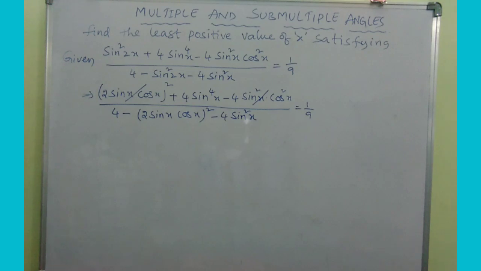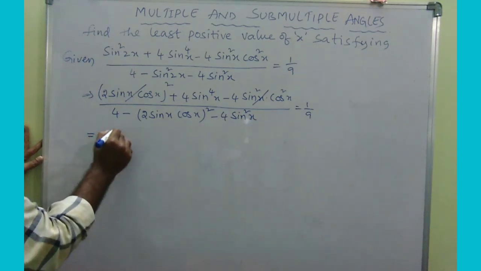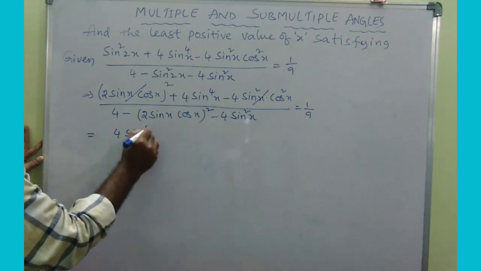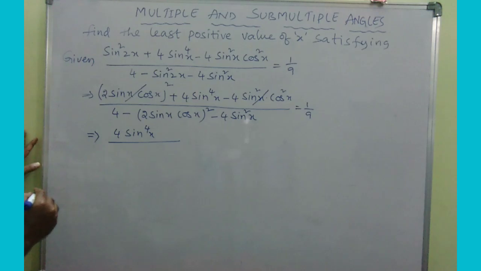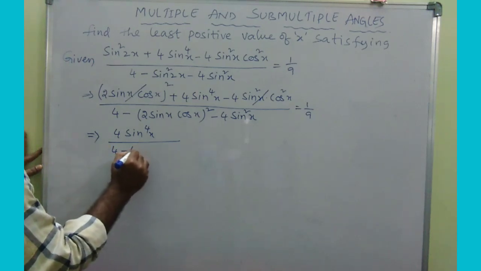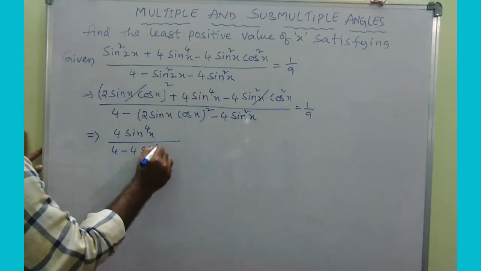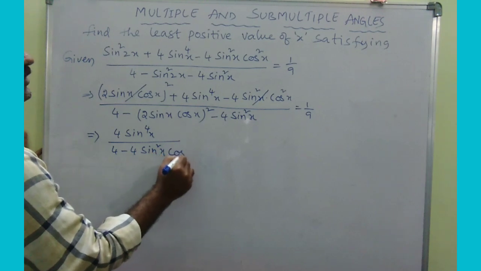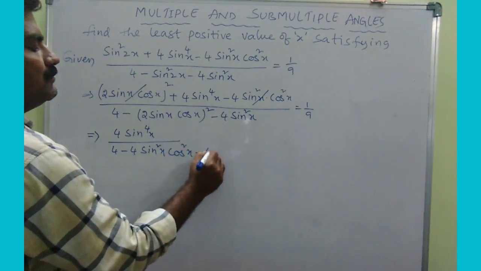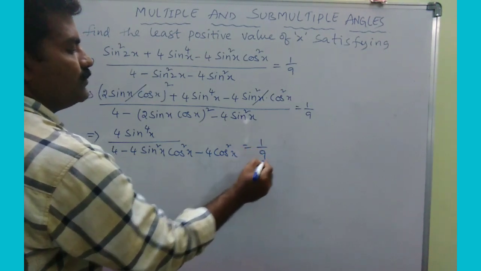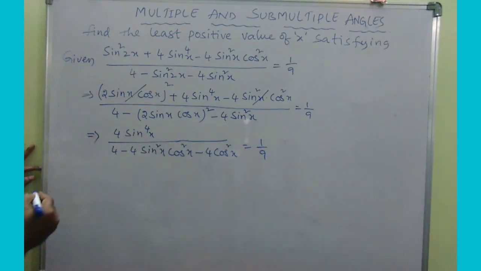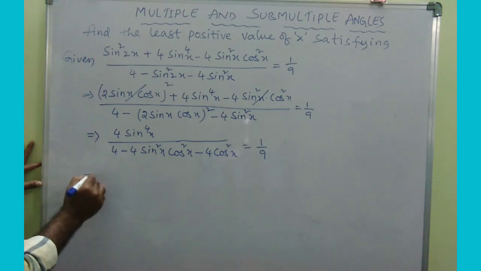Okay. Now let us see the remaining terms. That is 4 sine power 4x by 4 minus 4 sine square x into cos square x minus 4 cos square x, which is equal to 1 by 9. Okay.